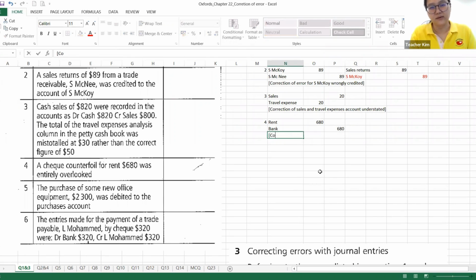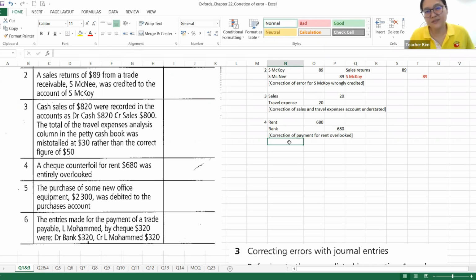So we can put correction of payment for rent overlooked. Make a short and meaningful sentence, that will do.